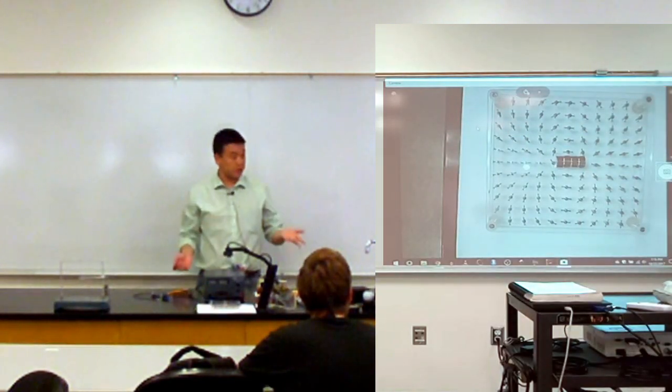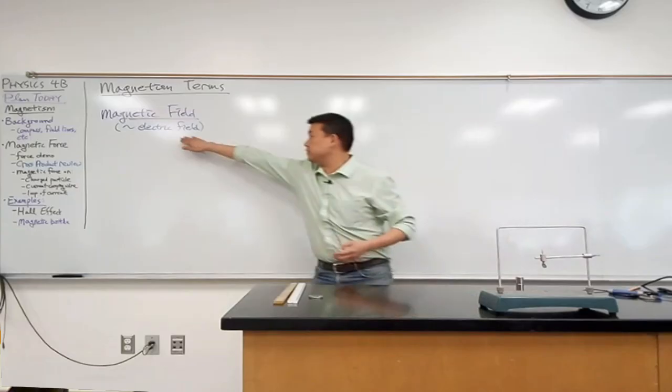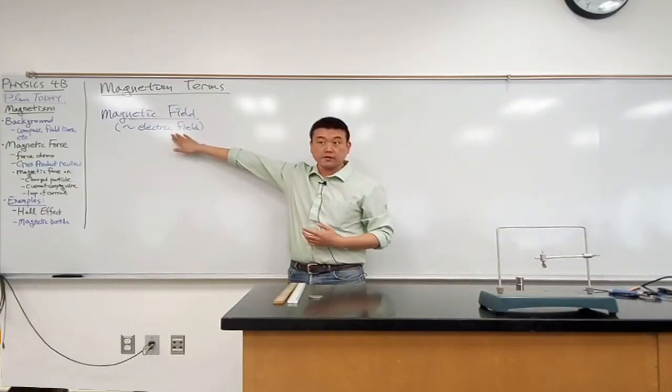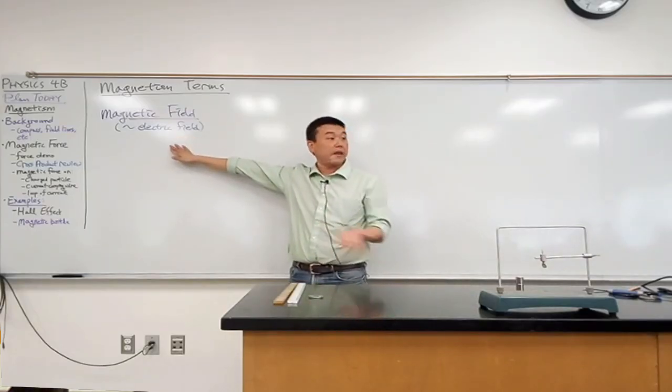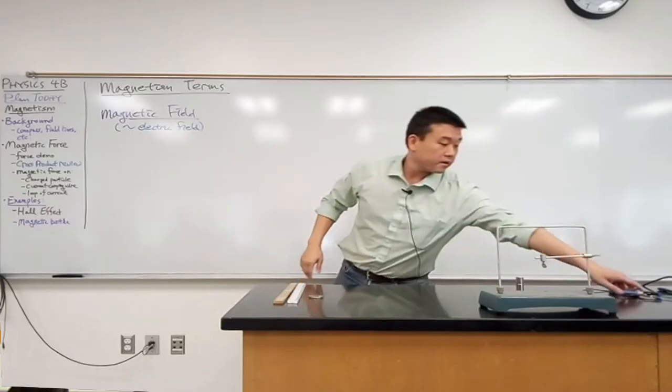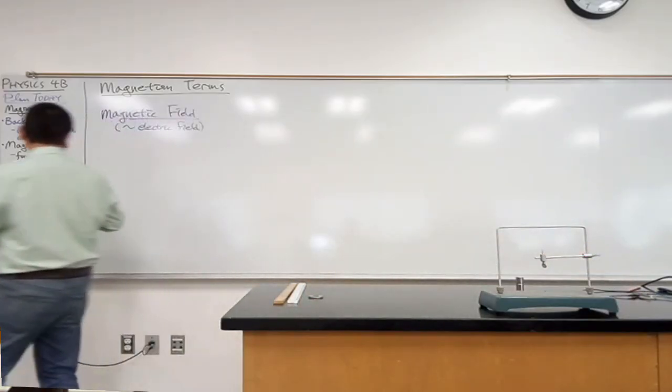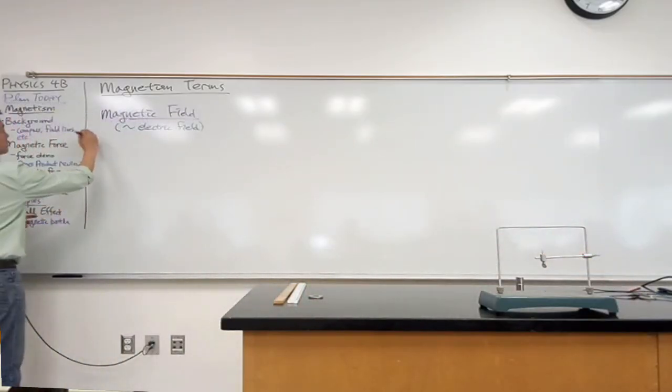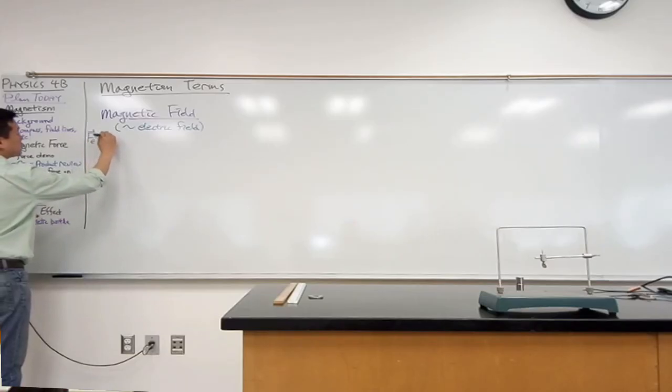So with electricity and electric field, we said electric field interacts with electric charges. And the expression that we fell on many times was, electric force is given by charge times electric field.